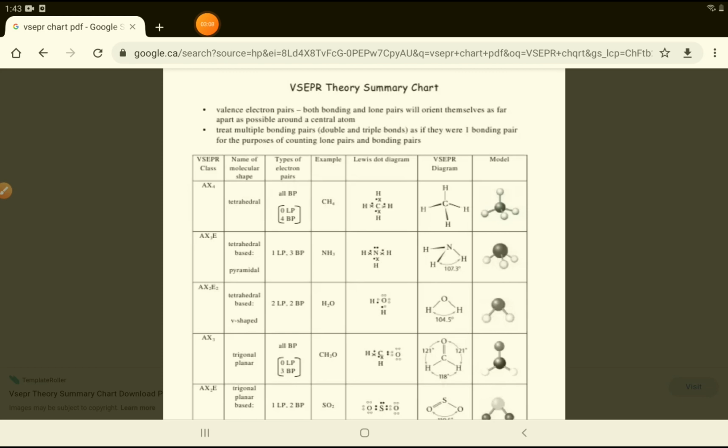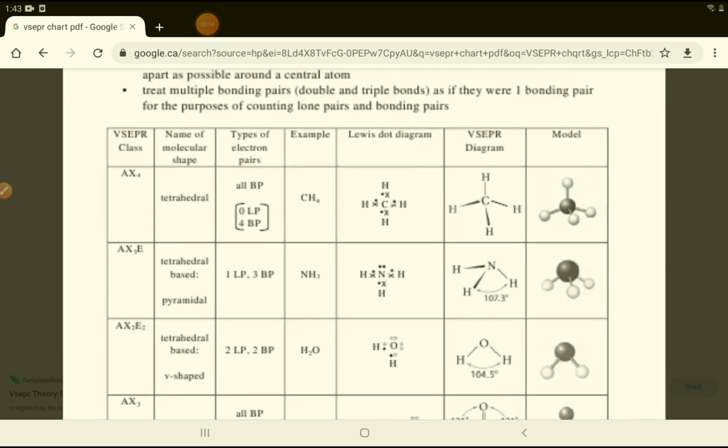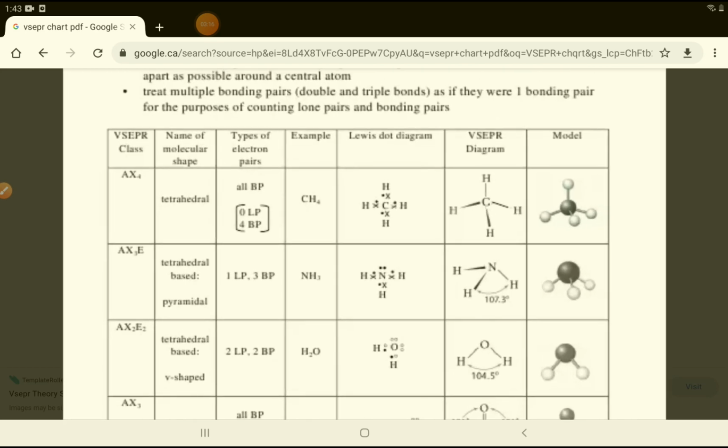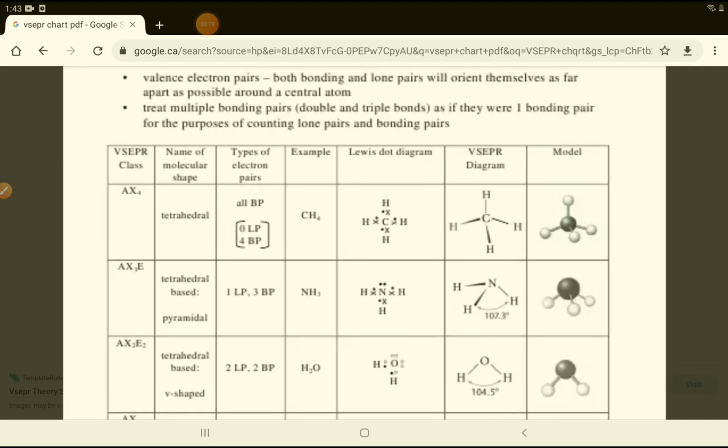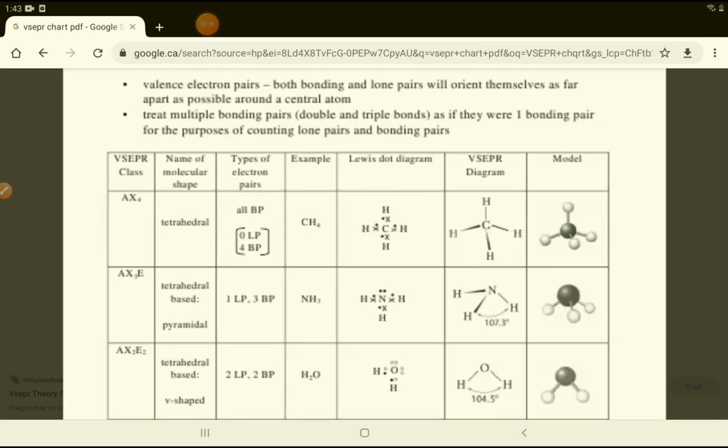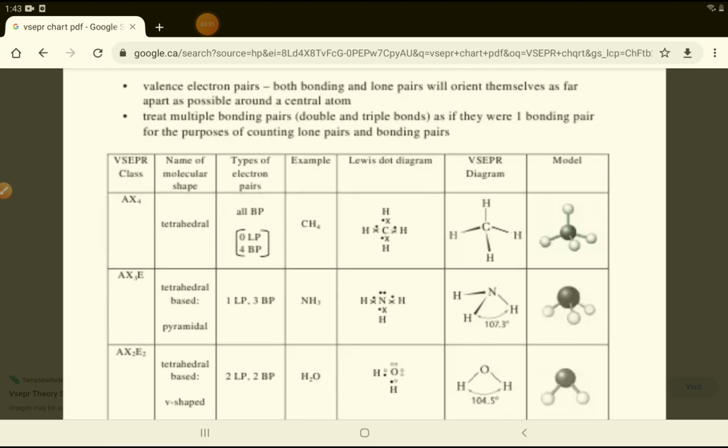So the way it works is we use this VSEPR theory chart. And when we zoom in on this chart here, you see that the center atoms are represented by the letter A, and the non-center atoms are represented by the letter X. And so we look at two things. We look at the number of electron lone pairs, and we look at the number of bonds, and that's what the BP stands for.